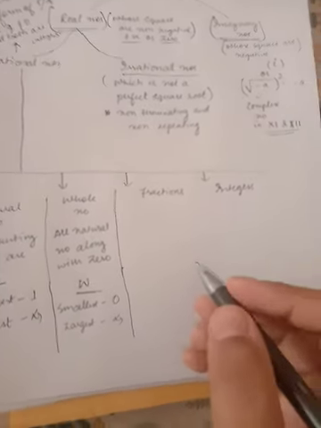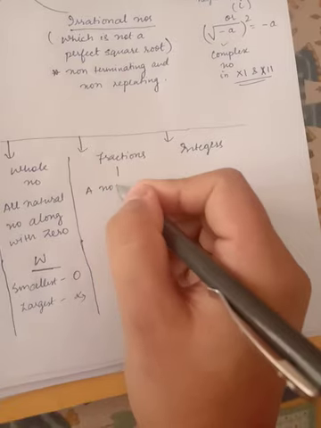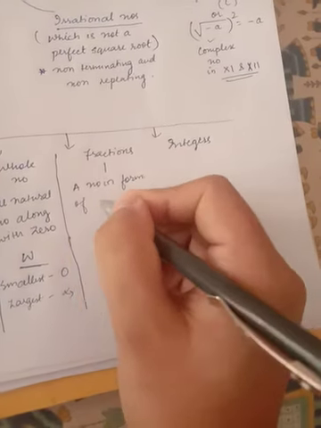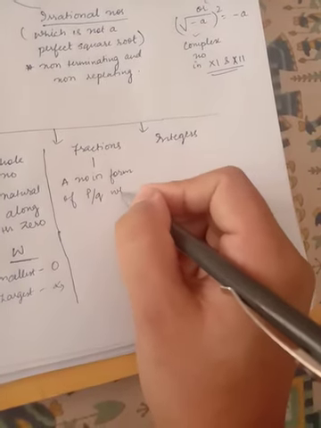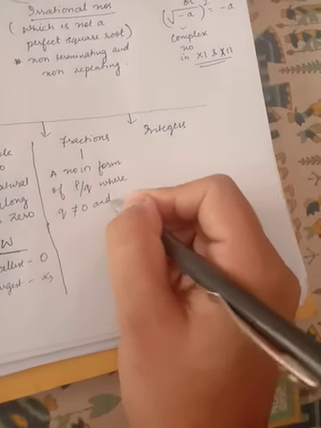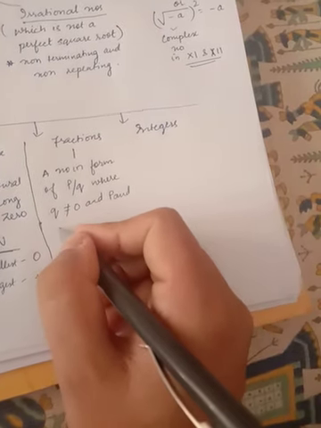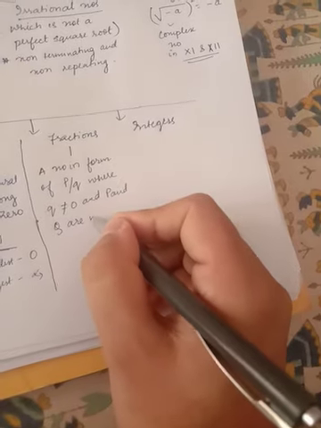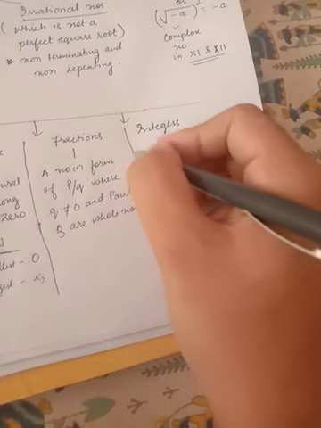And for the fractions, let's talk about fractions. A number in the form of p by q, where q is not equal to 0 and p and q are whole numbers. Why do I say whole numbers?